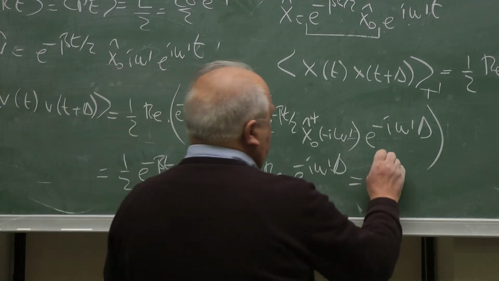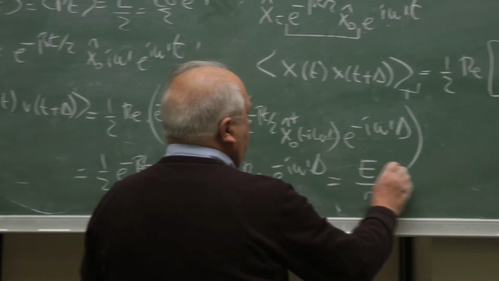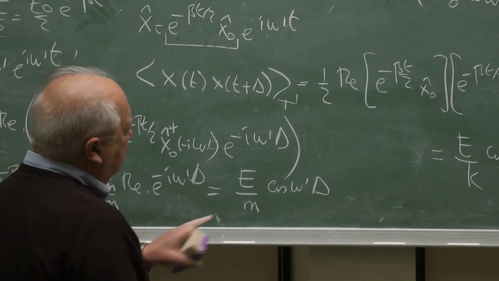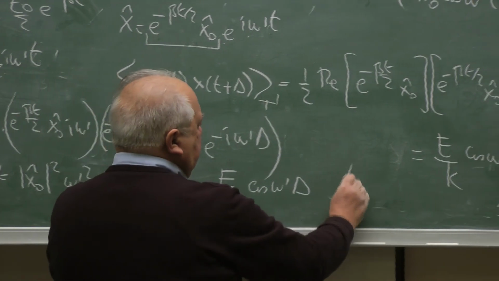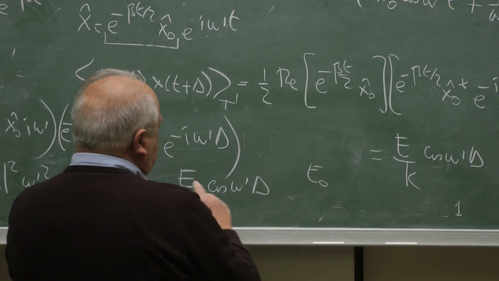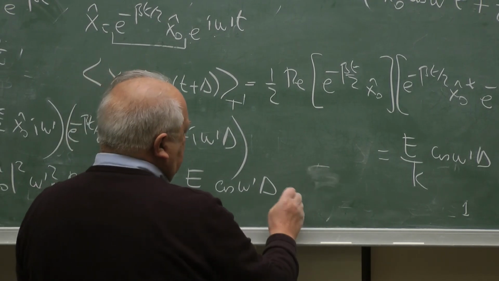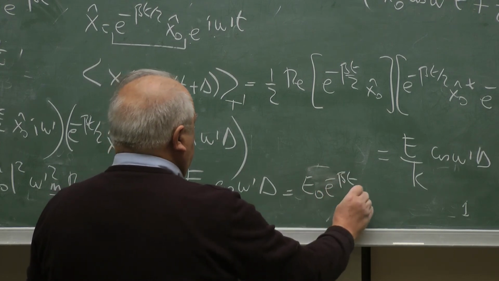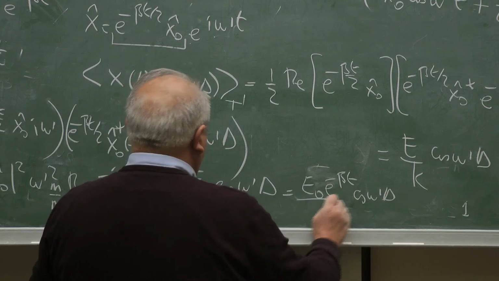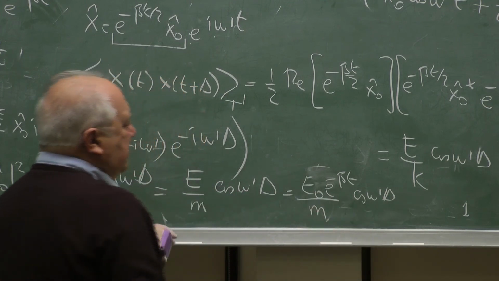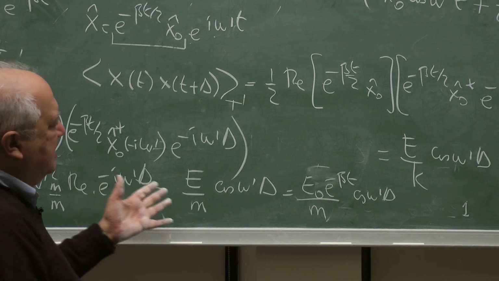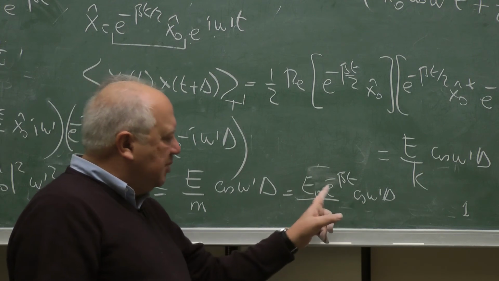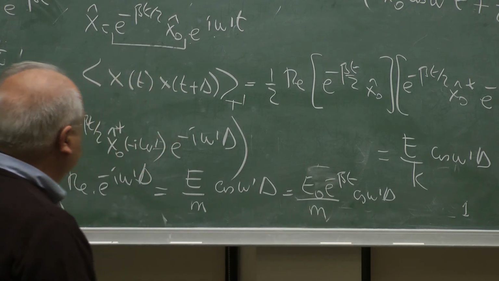So it is again E over m cosine omega prime delta. So you see, when we did the ideal oscillator, it was E0, because E remained constant. Here, E is not remaining constant, so it is E0 e to the minus beta t cosine omega prime delta over m. That means it's the same thing as the ideal oscillator's correlation function, but multiplied by e to the minus beta t.